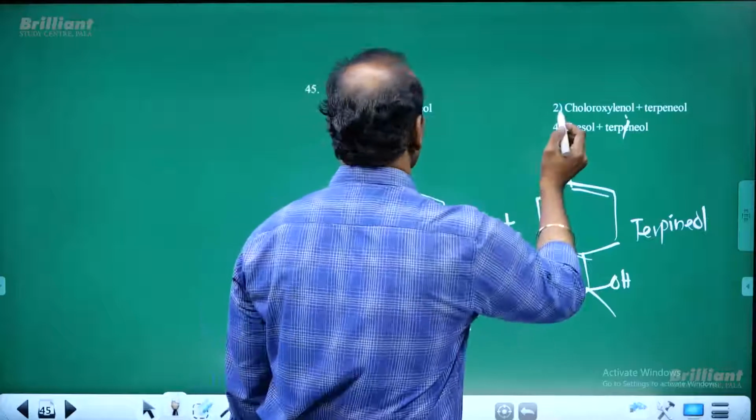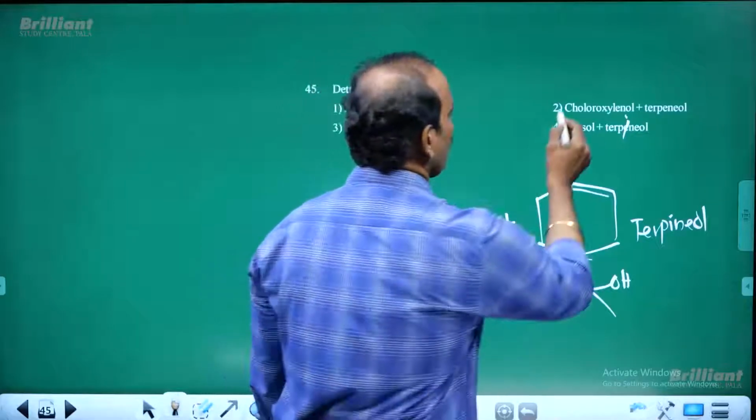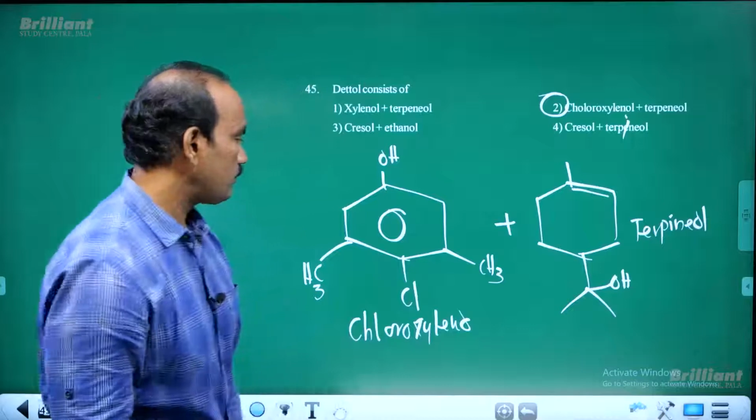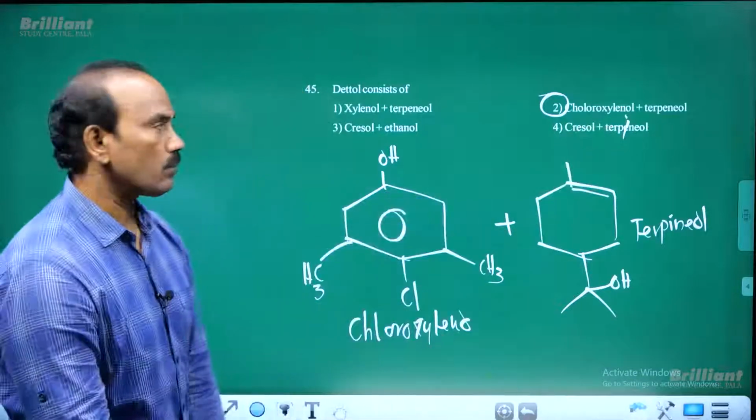Then this is the answer: chloroxylenol and terpineol.